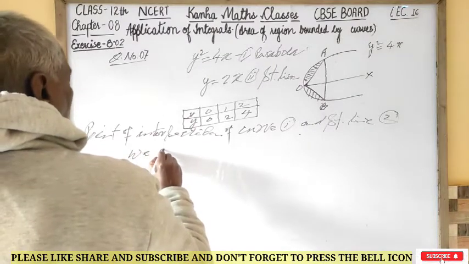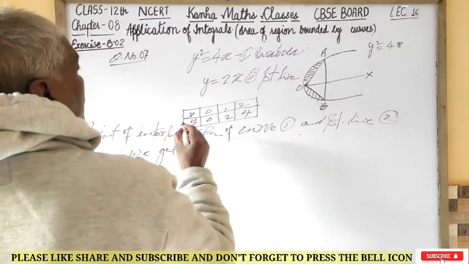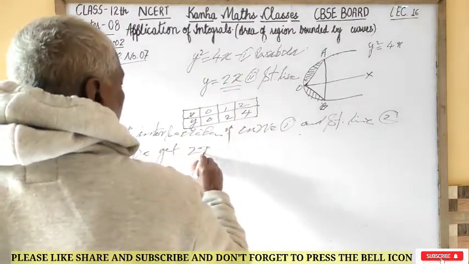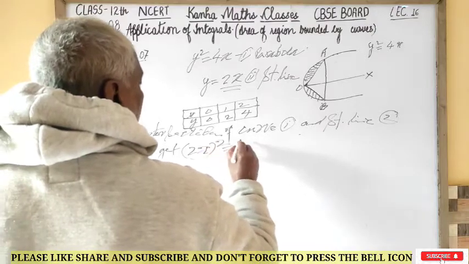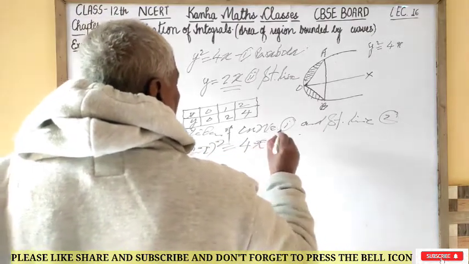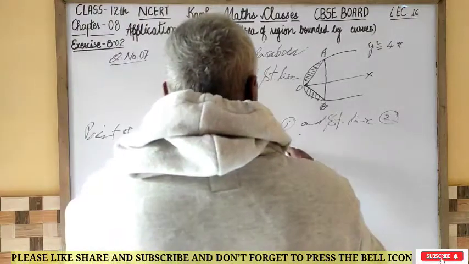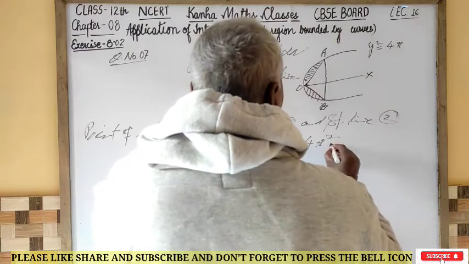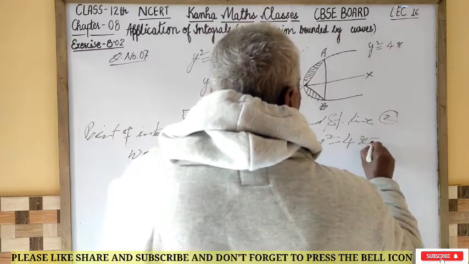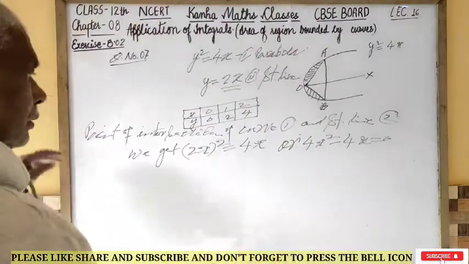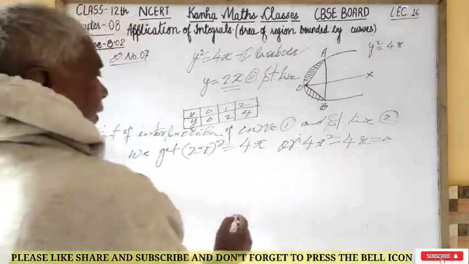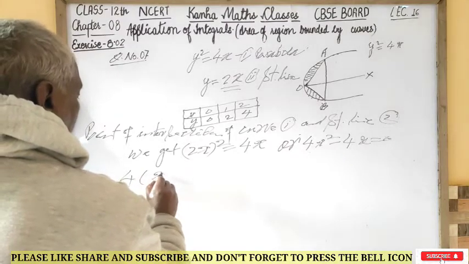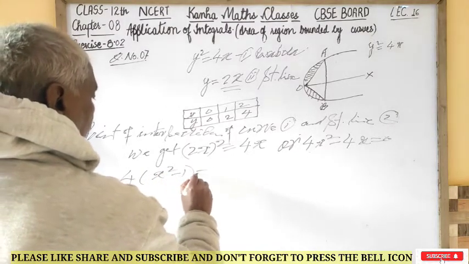We get y means 2x, so (2x) square is equal to 4x, or here 4x square minus 4x is equal to 0. If you take common 4, this will be x square minus x is equal to 0.